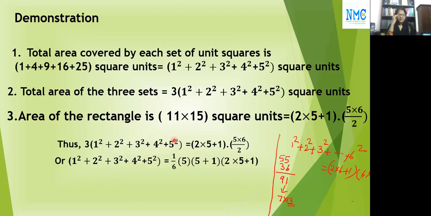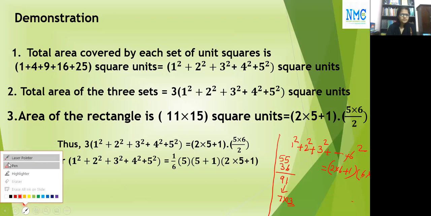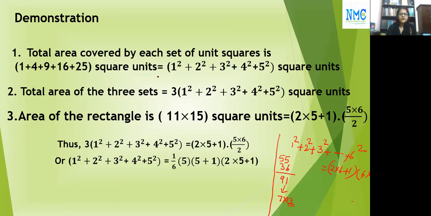Now coming to the demonstration part, you can see the mathematical part here. The total area covered by each set of unit squares is 1 plus 4 plus 9 plus 16 plus 25 square units, which can be written as 1 square plus 2 square plus 3 square plus 4 square plus 5 square units.